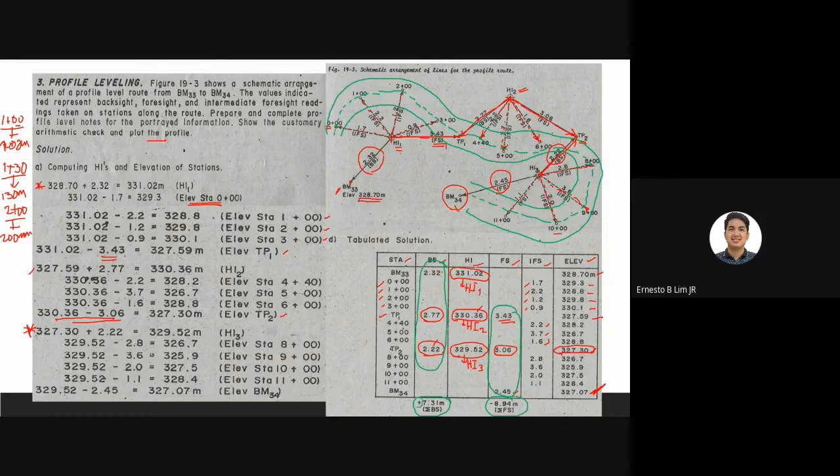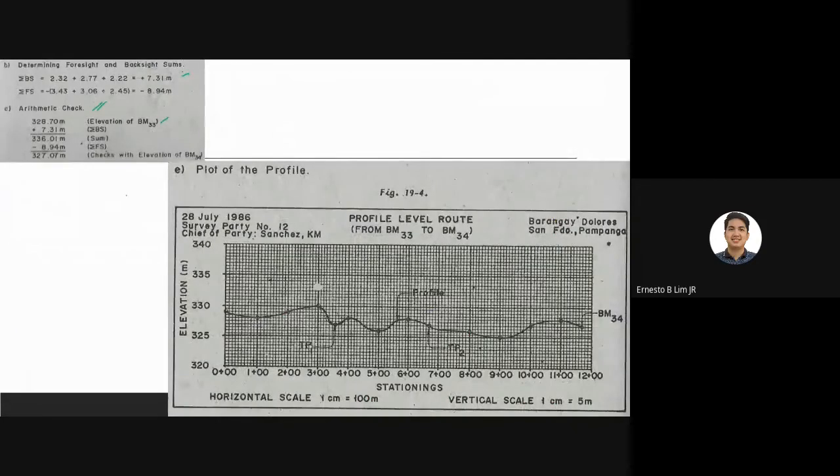So again, this is a positive value for backside because backside is also considered as the plus side, as discussed last time, and your foresight is considered as the minus side. So to have the arithmetic check or to validate your tabulation, you have the elevation of BM33 plus the backside. So you will be getting the sum which is equal to 336.01.